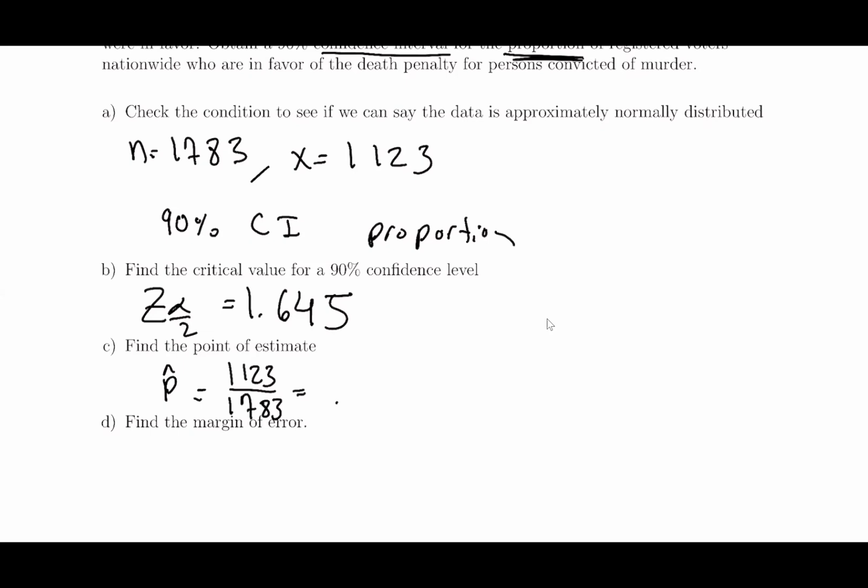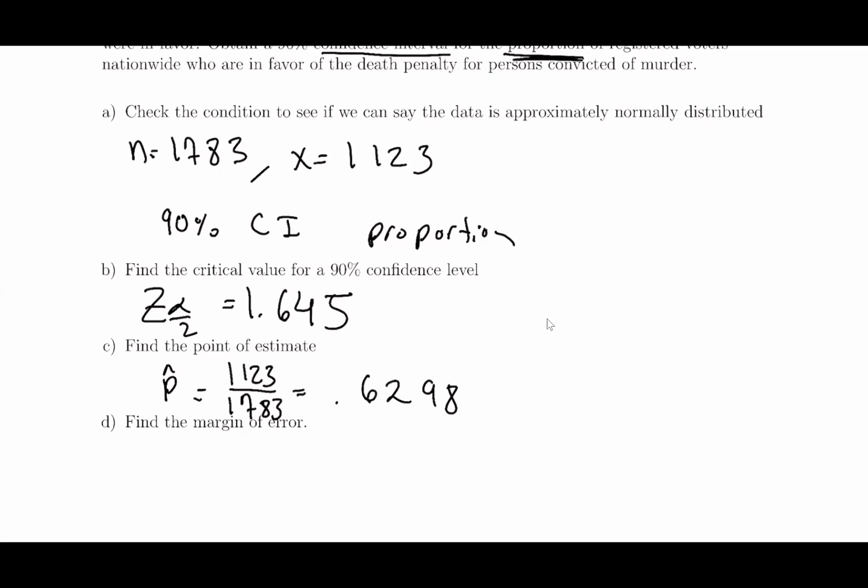If I do 1,123 divided by 1,783, you get 0.6298. Everybody go with that so far?